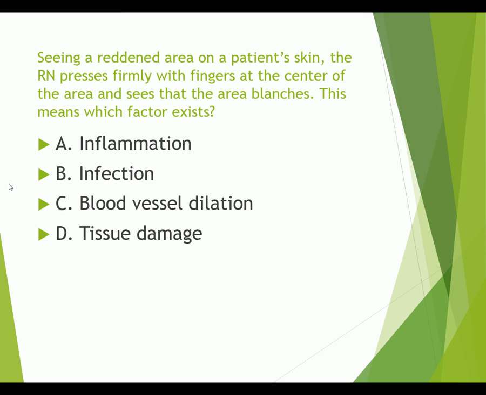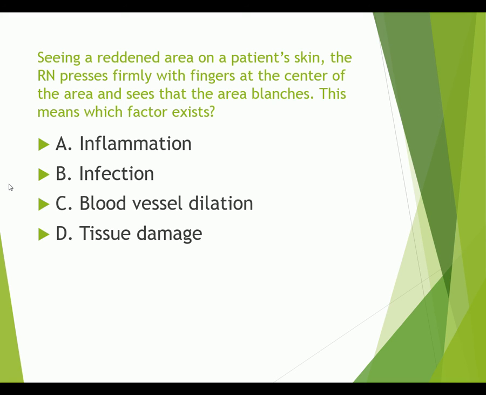Seeing a reddened area on a patient's skin, the RN presses firmly with fingers at the center of the area and sees the area blanches. This means which factor exists? Well, it's not inflammation. It's not infection.